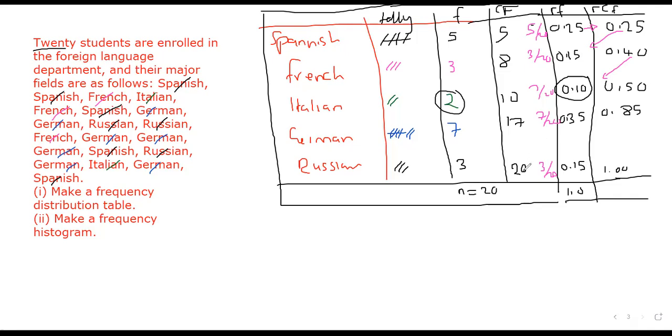Or you divide: 17 divided by 20 is 0.85, 10 divided by 20 is 0.5, 8 divided by 20 is 0.4, 5 divided by 20 is 0.25. Either of them. Okay, thank you. The addition seems much easier. Yes, addition is a lot easier.